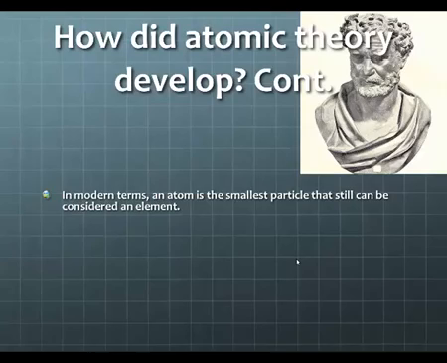The idea of atoms began to develop again in the 1600s as people did experiments. And as you are going to notice when we talk about science, a lot of times we're going to talk about how knowledge is built upon prior knowledge.